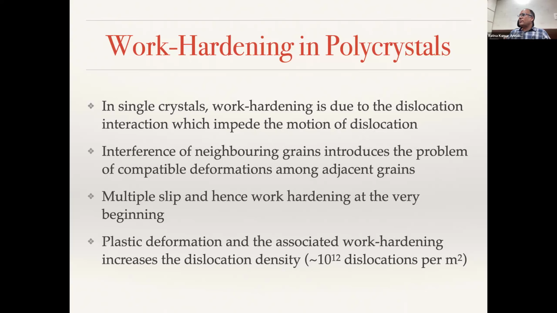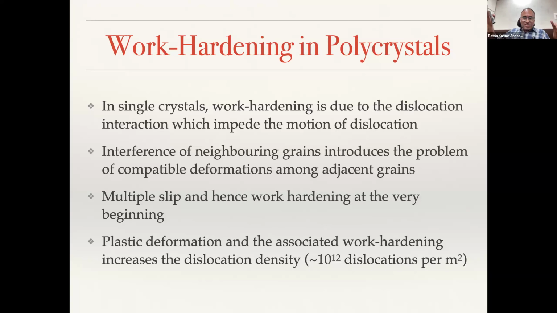So in a single crystal, work hardening or strain hardening is only due to the dislocation interaction, which would impede the dislocation motion. And if you have neighboring grains like in polycrystals, interference of neighboring grains introduces the problem of compatible deformation among adjacent grains. You will have multiple slip, because you have so many grains and slip happening in various grains at the same time, depending upon the macroscopic loading direction.